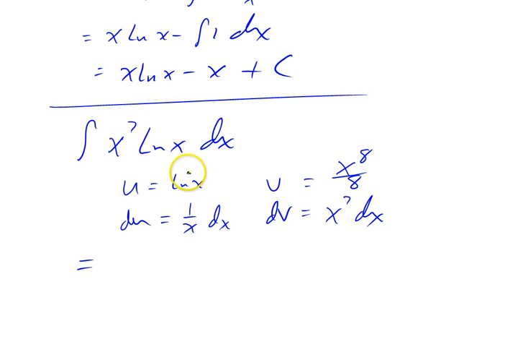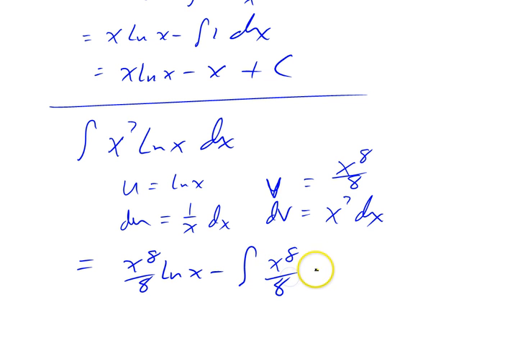Normally, I would put the polynomial here, except when log x is there, I like putting that in because I don't like integrating log x. So u times v, x to the 8 over 8 times the natural log of x, minus the integral of v du. Well, v here is x to the 8 over 8, and du is 1 over x dx.